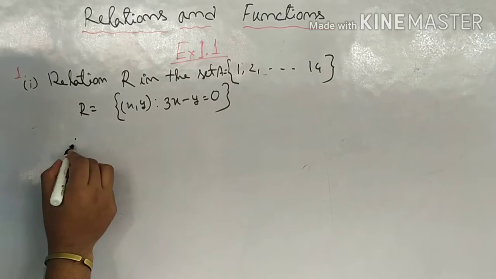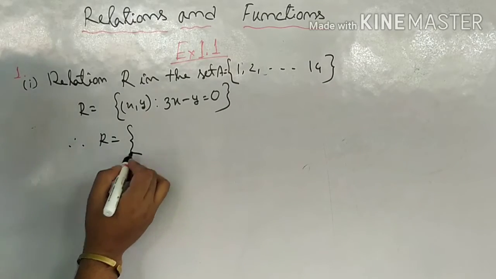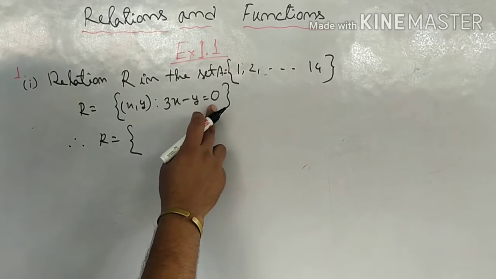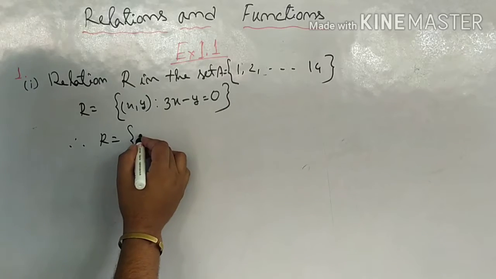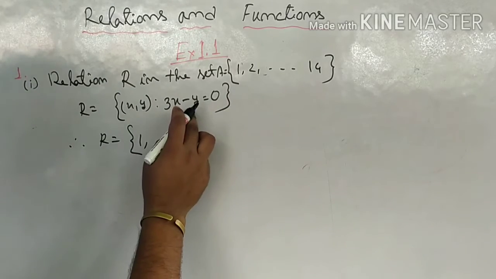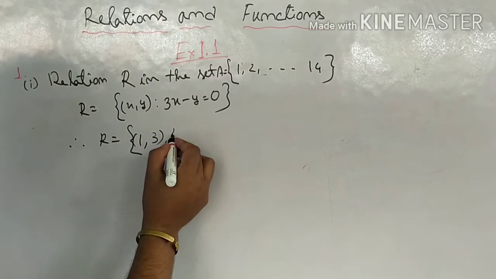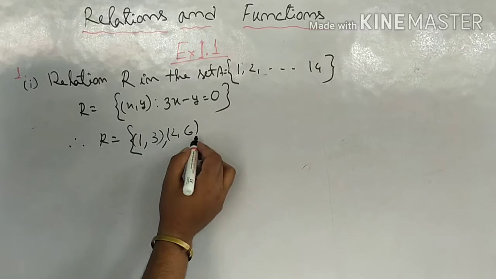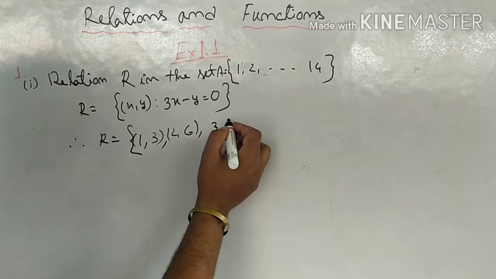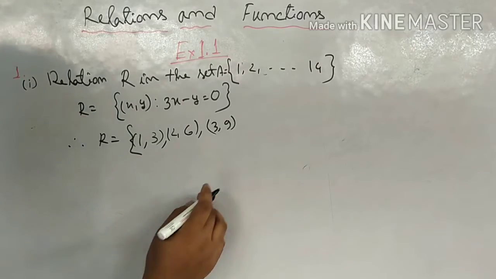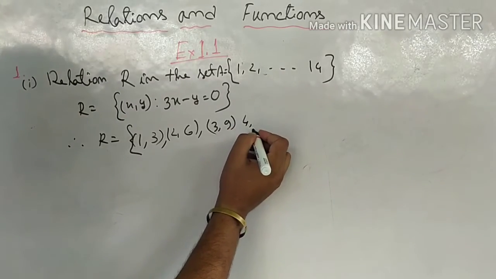So here relation R is, when we put x equal 1, then we get (1, 3), because 3 into 1 equals 3. So (1, 3), next (2, 6), next (3, 9) and (4, 12).